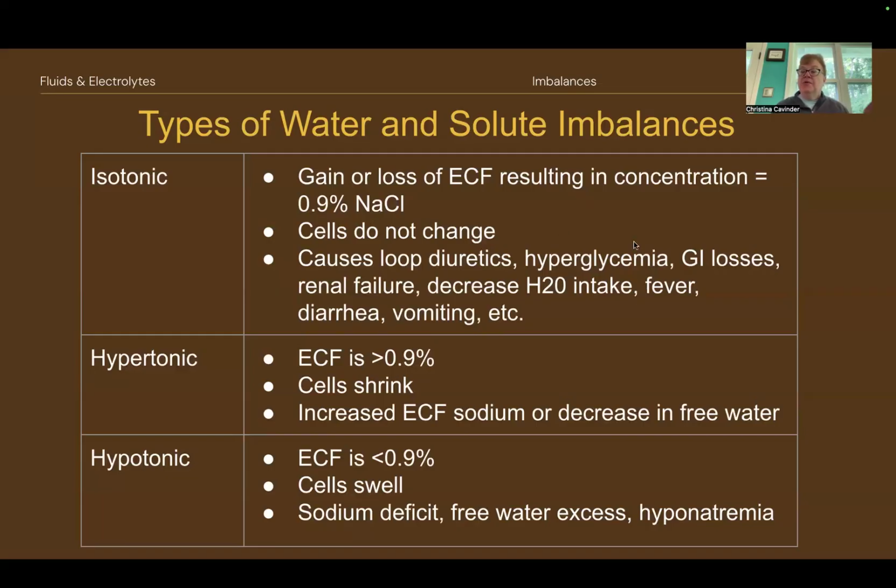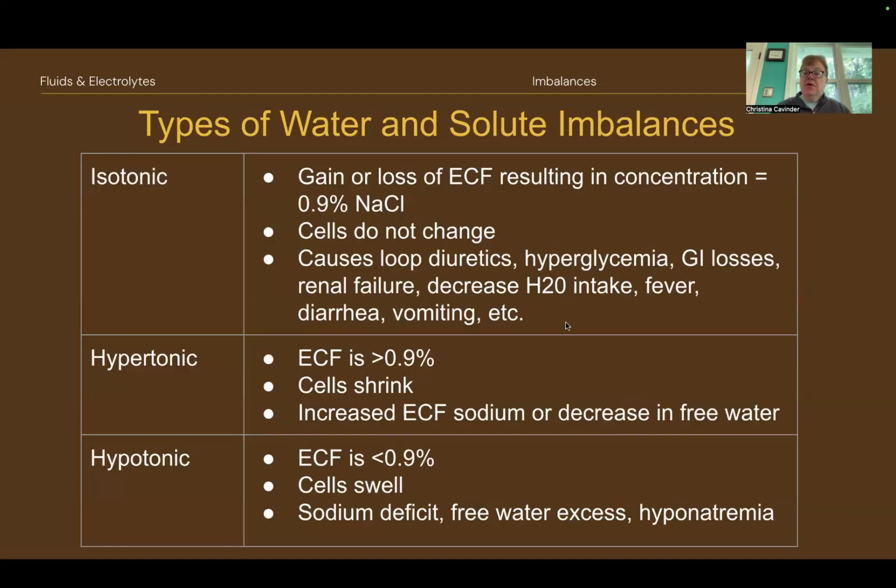We call that normal saline, right? This is what the blood is maintained at. So if you give them normal saline, you are giving them the same concentration as what's in their blood already. So you're not going to have a big movement of solutes or fluid when you give them this. The cells don't change because this is the normal state.